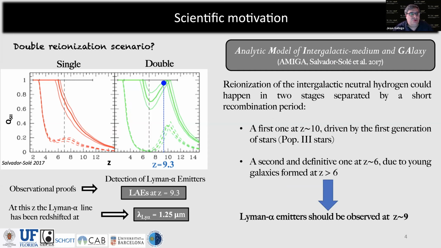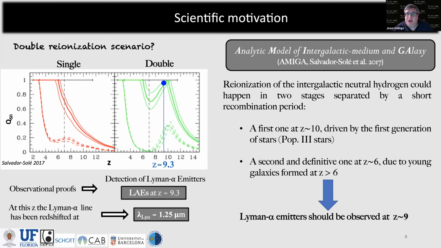In the left panel, you see that there is a possibility of a double reionization scenario. In red color, we see, in terms of the redshift, the fraction of the reionization of the universe in the case of a single reionization, and in the right panel, in green color, you see two peaks in the reionization because a double reionization scenario would be possible.